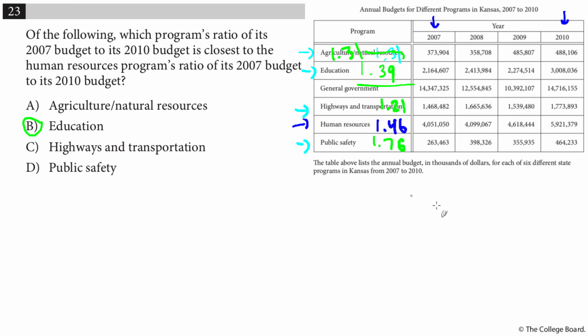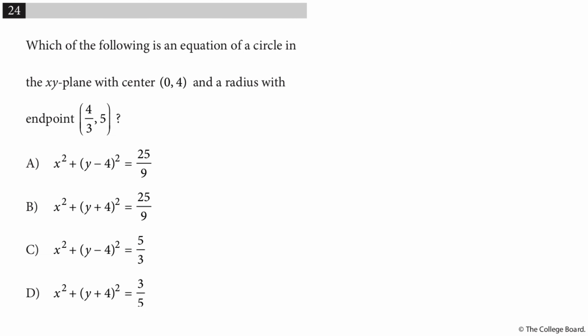Now, I could have done one other thing. I could have multiplied these numbers, specifically this and this, by the 1.46 and seen how close I got as a ratio, but that's a little bit tricky. This is probably the best way to do it. Give this problem a shot.